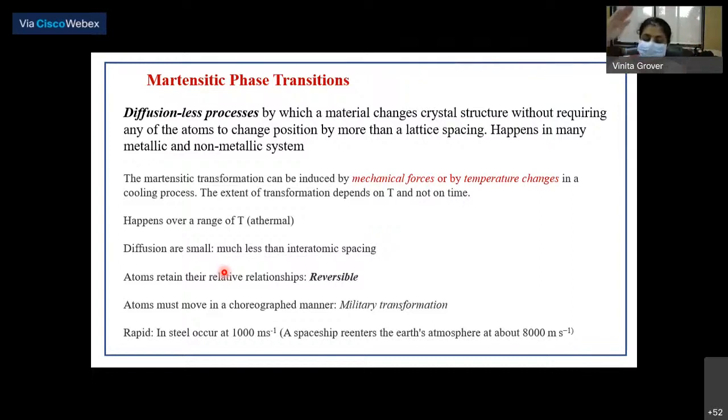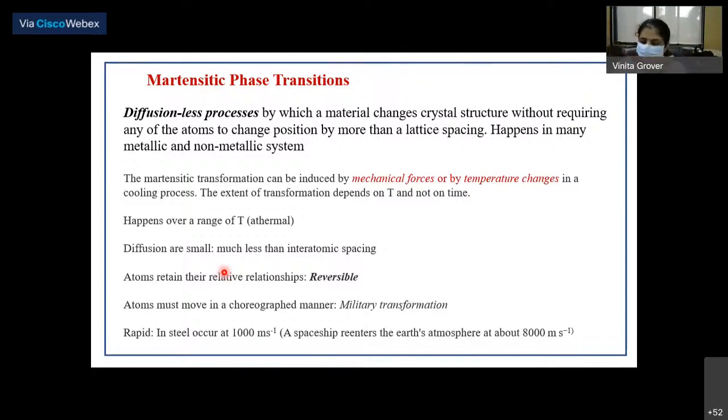But suppose austenite to martensite started happening at a temperature T1. When you heat it again, martensite to austenite will happen at T2, and that T2 will be much above T1. So this lag between T1 and T2 is called hysteresis. Okay, martensitic phase transitions show hysteresis.